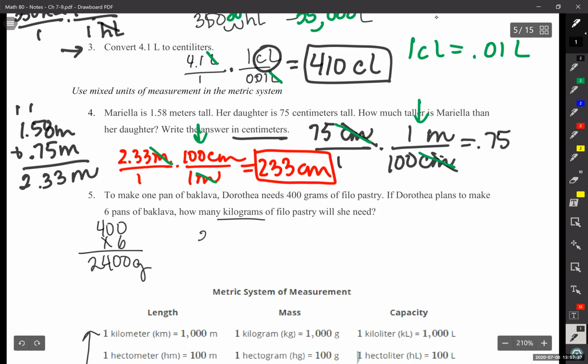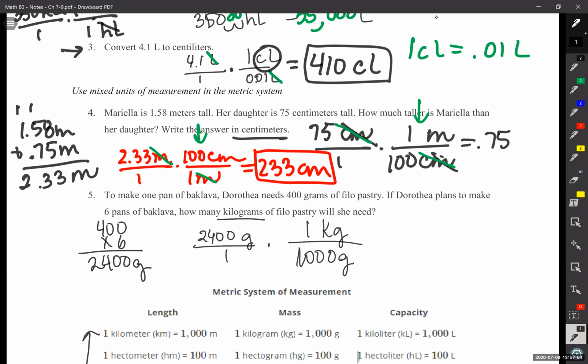So I say 2,400 grams over 1 equals, times 1 kilogram over 1,000 grams, because I need to change this to a kilogram problem.